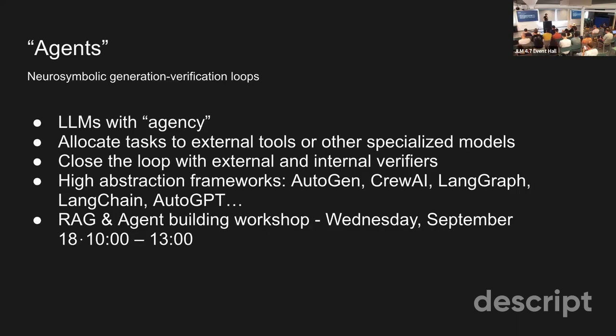Almost every time people say agents, they mean that you allocate tasks to external tools and other specialized models, and then you close the loop with external or internal verifiers. External verifier is the code interpreter. Internal verifier is probably the LLM itself, or other LLMs.